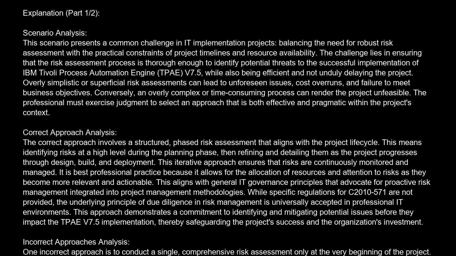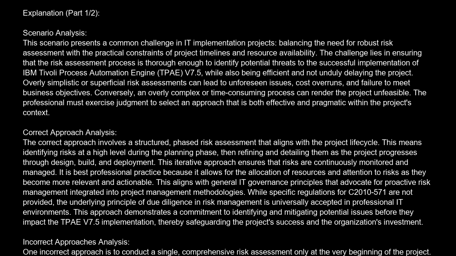While specific regulations for C2010-571 are not provided, the underlying principle of due diligence in risk management is universally accepted in professional IT environments. This approach demonstrates a commitment to identifying and mitigating potential issues before they impact the TPAE v7.5 implementation, thereby safeguarding the project's success and the organization's investment.